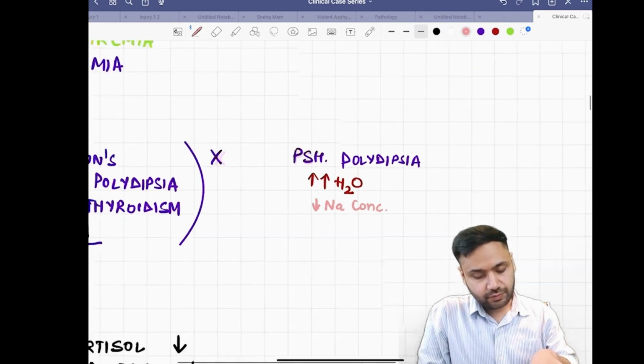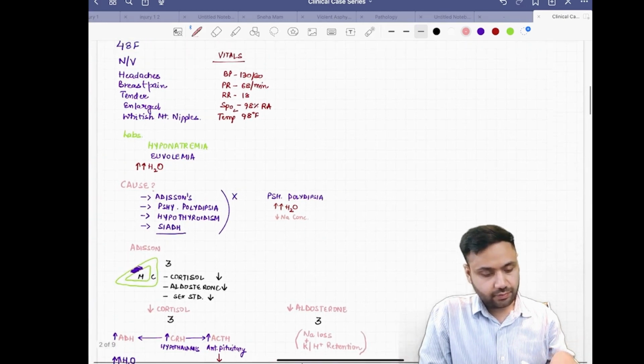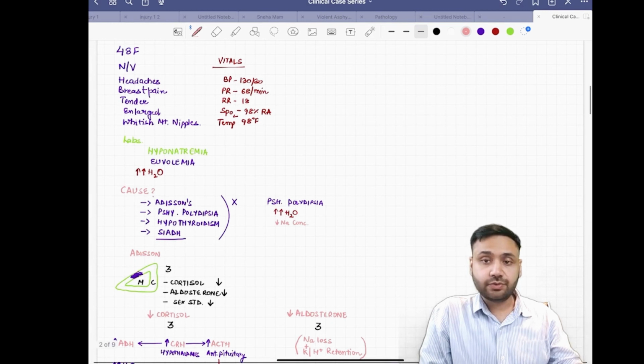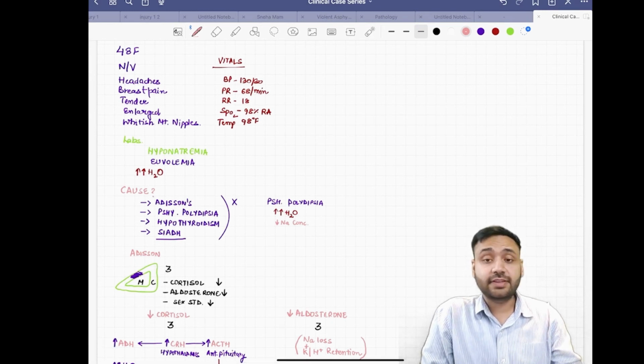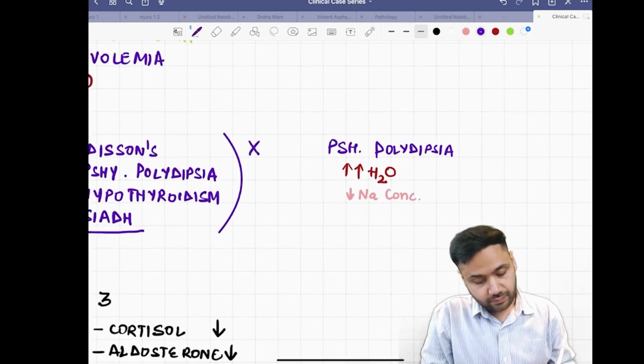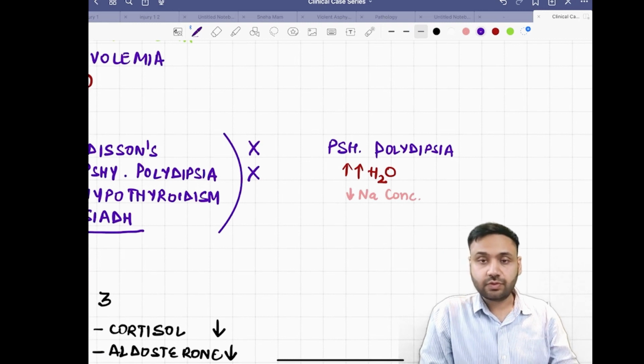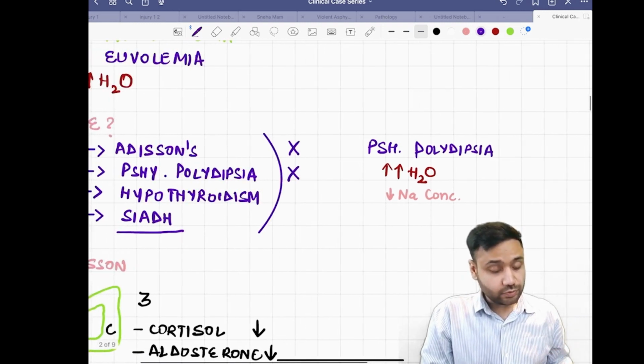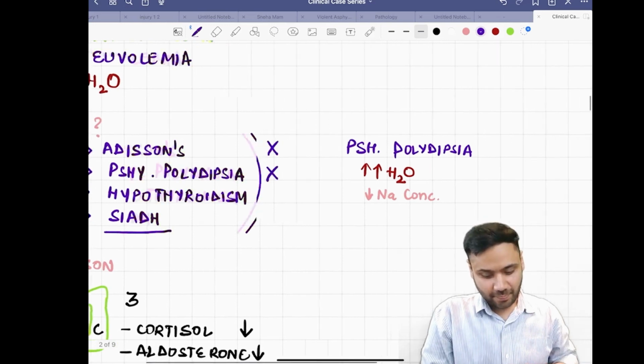So if we review our case, a 48-year-old female, she doesn't have any psychiatric condition, nor does she take any extra water. So we can conclude that polydipsia is not the cause of hyponatremia here. Let's move on to hypothyroidism.